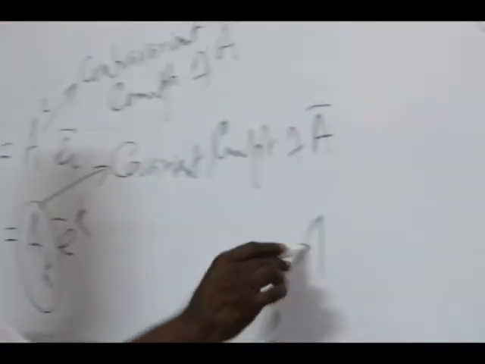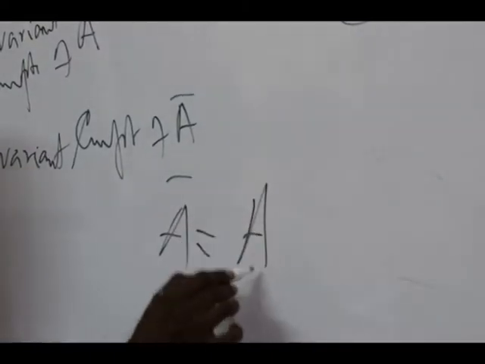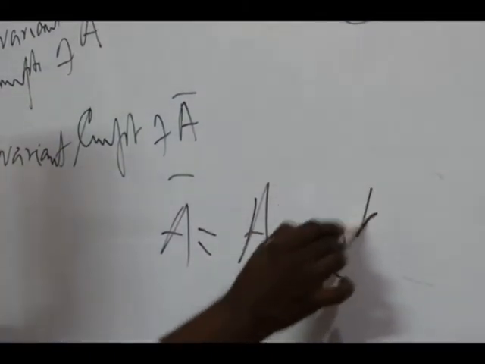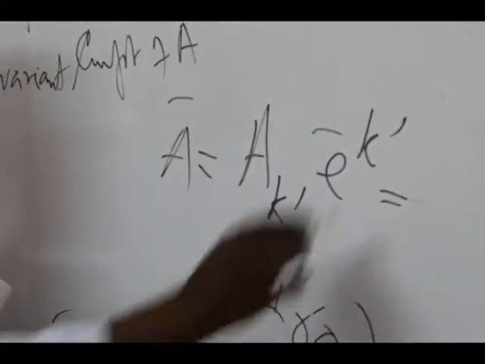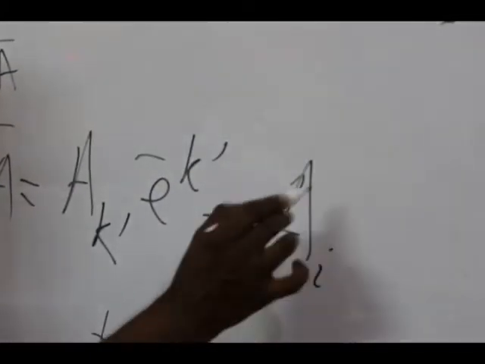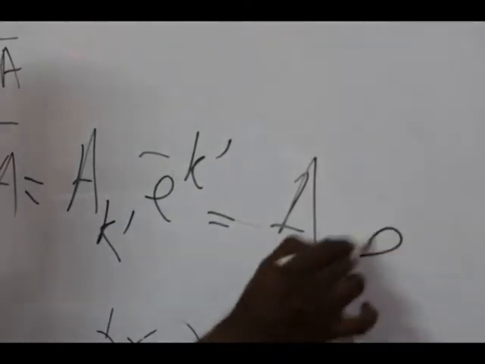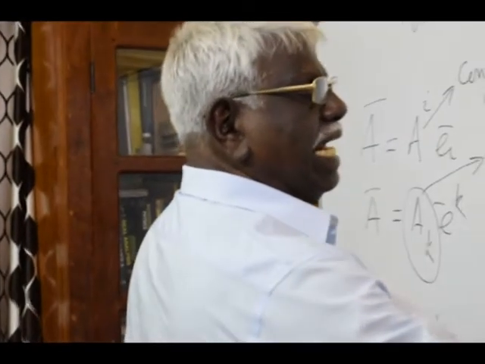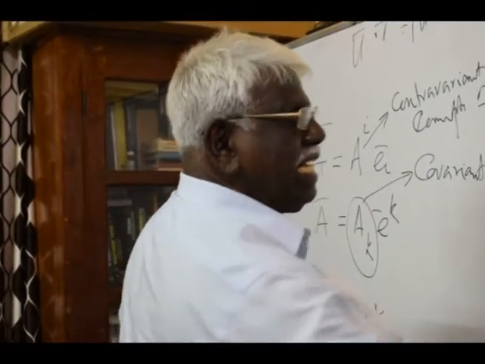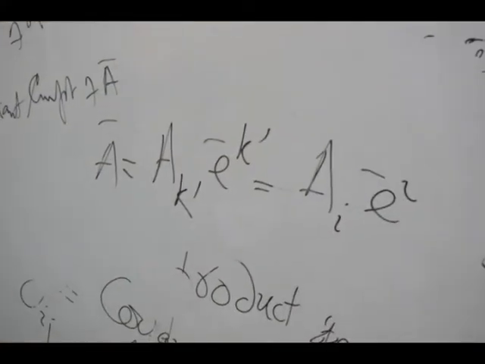Okay. Now let us find the transformation law for AK. So I write vector A equals AK dash EK dash equals AI EI superscript. Now I want to establish the transformation law connecting EK dash and EI.